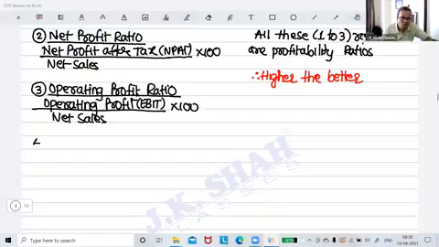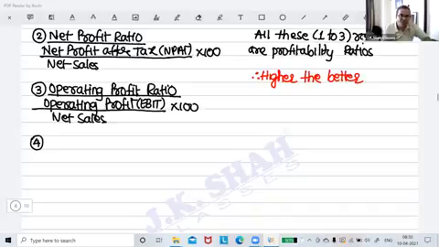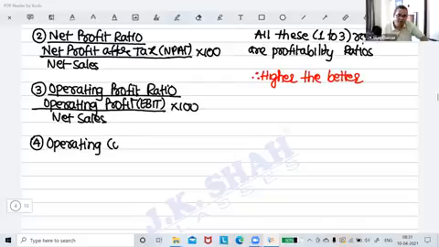Now, see one important thing. Three ratios, profitability ratios. Now we are going to talk about the operating cost ratio, also known as the operating ratio.